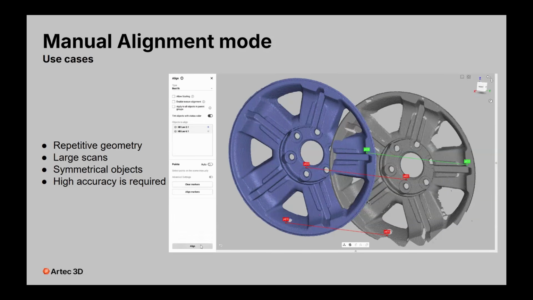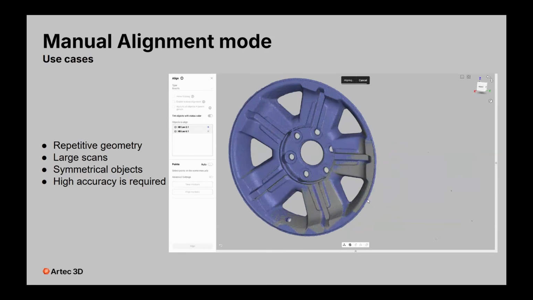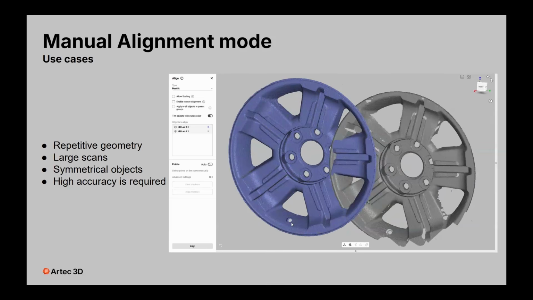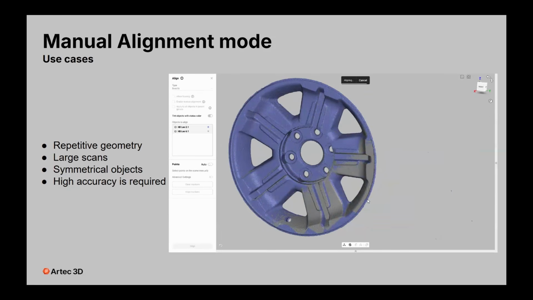So let's talk about the use cases of this mode. You should definitely use this one in case you are aligning scans or meshes with repetitive geometry, as you could see right here on the example on this slide. Here the automatic alignment might fail because our object is symmetrical.